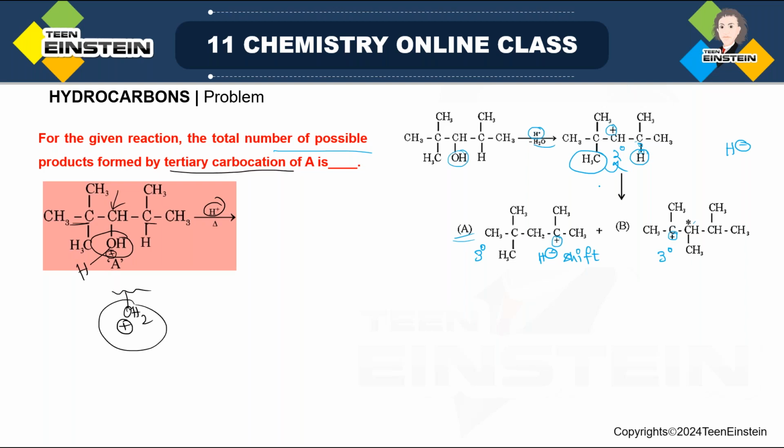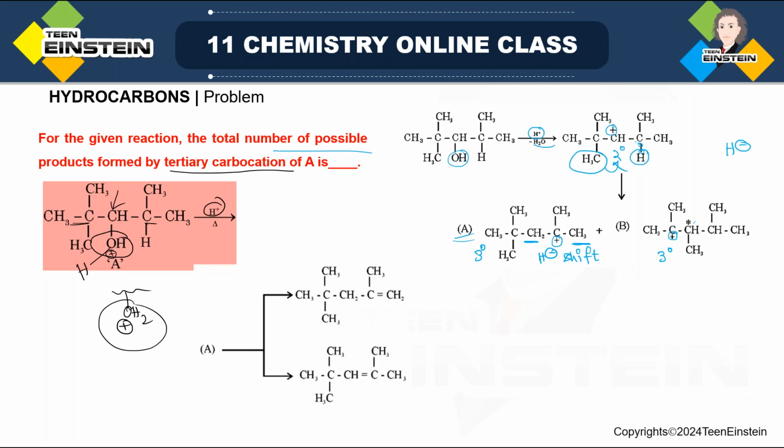Now when it is A, if you look at the carbocation A, you will see the left hand side of the C plus and right hand side of the C plus. From both sides, hydrogen can be removed. That means there is a possibility of two types of alkene. So when you consider A, if the left hand side hydrogen is removed, that is minus H plus, then without the electron, you will get a C=C double bond.